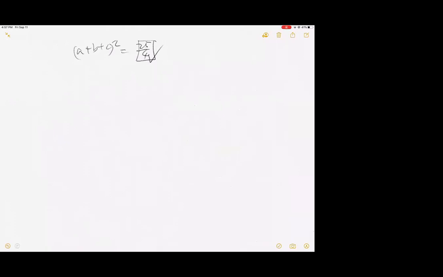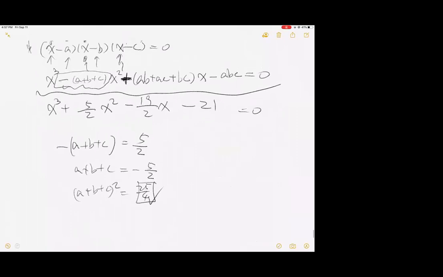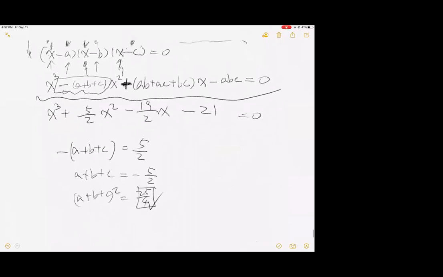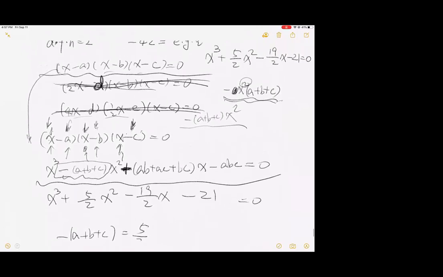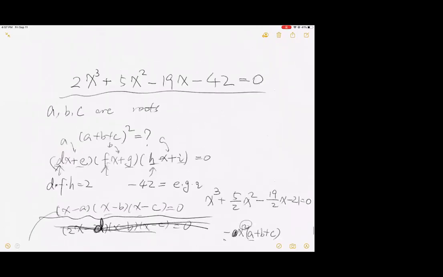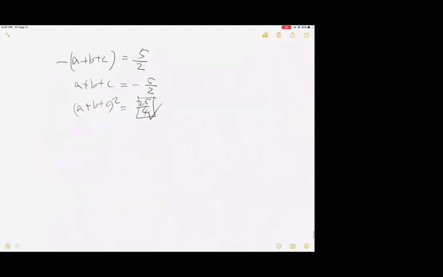Go ahead. What I just did is make the equation 2 times x minus a times x minus b times x minus c equal to 0, because you saw the 2 over there.